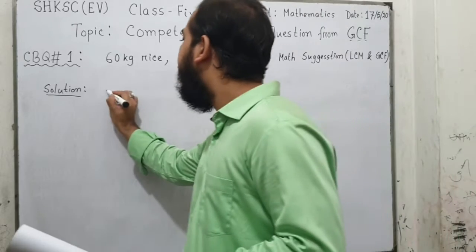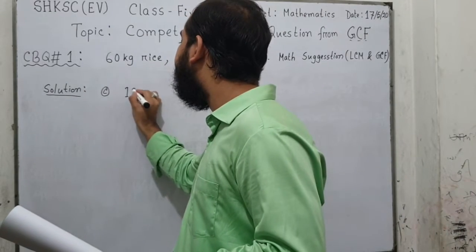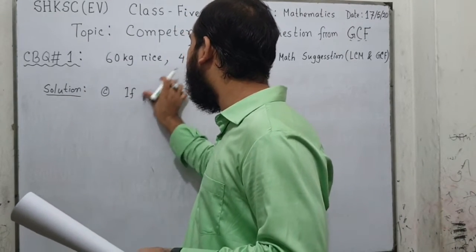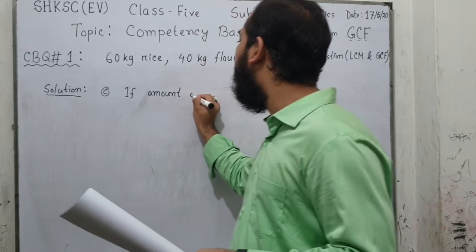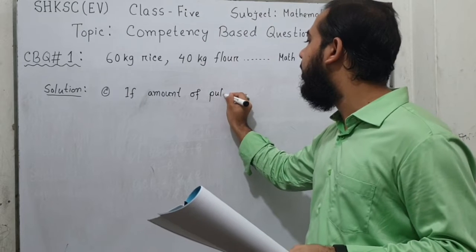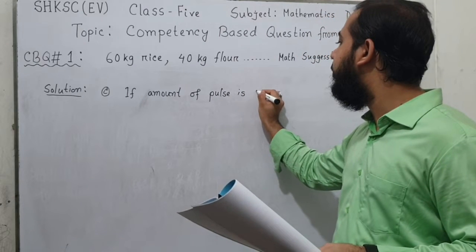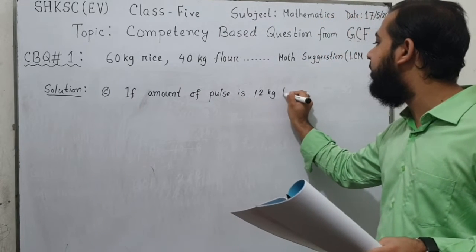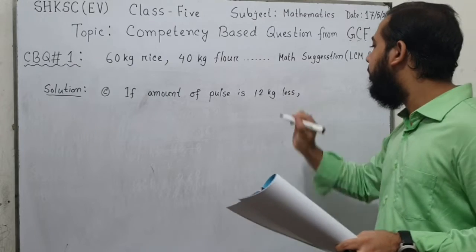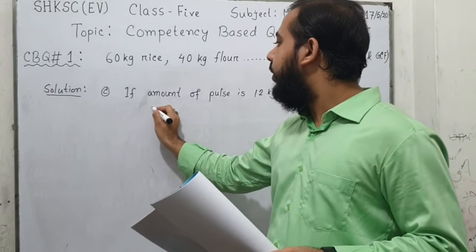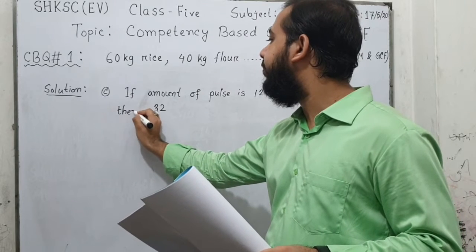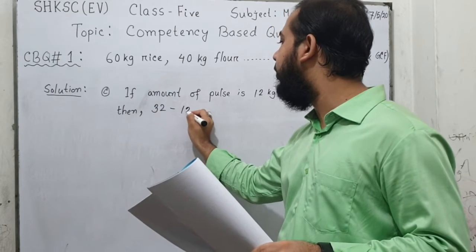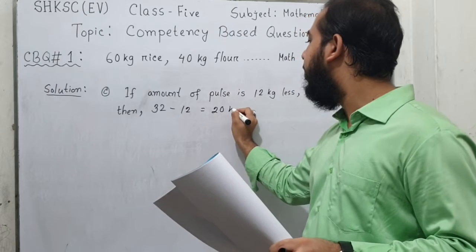So we have to write here, if the amount of pulse is 12 kg less, we have to subtract: 32 minus 12 equals 20 kg.